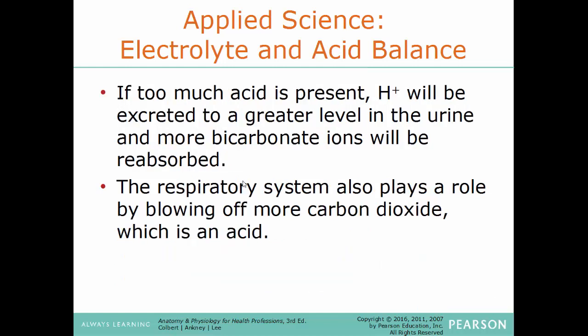If too much acid is present, hydrogen ions will be excreted to a higher level in the urine, and more bicarbonate ions will be reabsorbed to balance that out. The respiratory system will also play a role by blowing off more carbon dioxide, which is an acid. This also has a role with maintaining your pH balance.